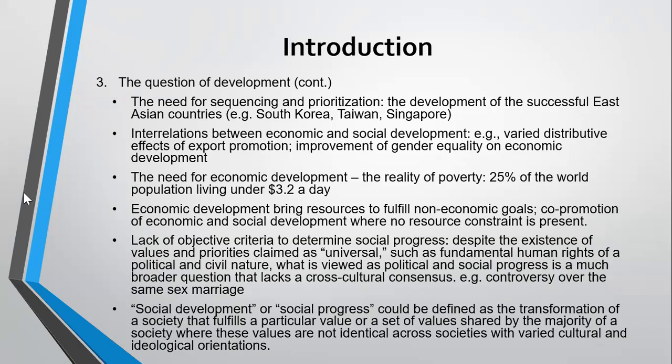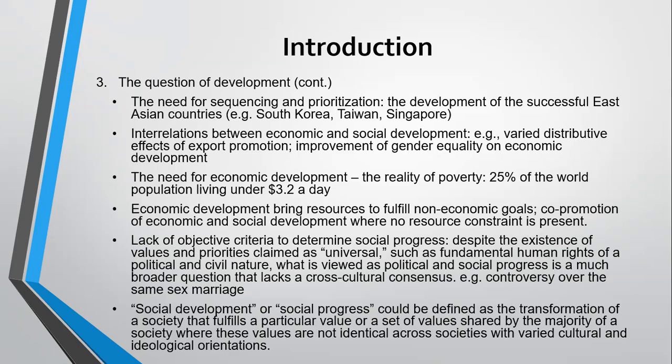The resource constraints mean that there is a need for sequencing and prioritizing the development goals. The successful development history of East Asia suggests the importance of sequencing and prioritization. In South Korea, Taiwan, and Singapore, they focused on economic development from the 60s through 80s.